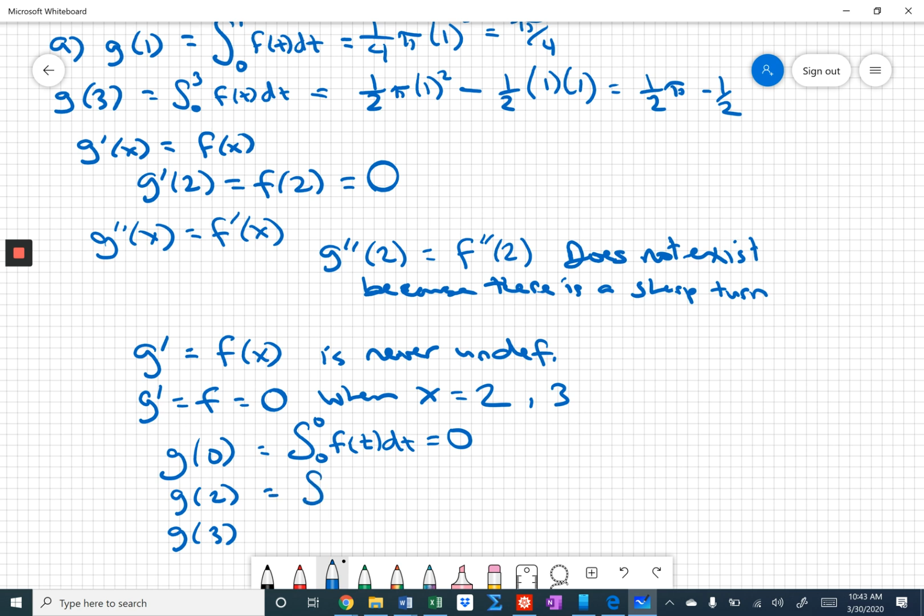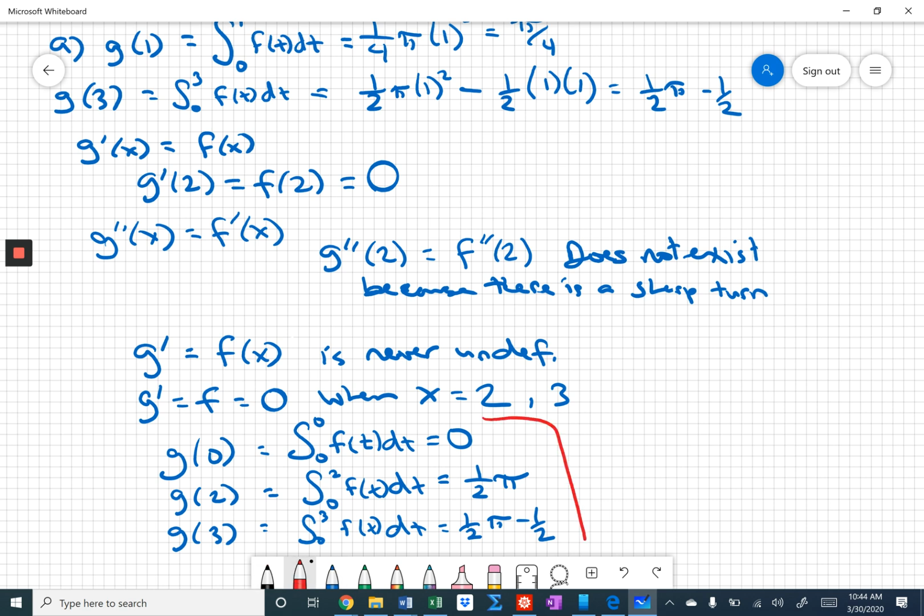The integral from 0 to 2, we haven't worked that one out, or at least, actually we did work that out, but indirectly. That was the area of the semicircle, which we already found out to be half pi. And then g of 3, we already worked that one out in the earlier example. That's going to be half pi minus a half.